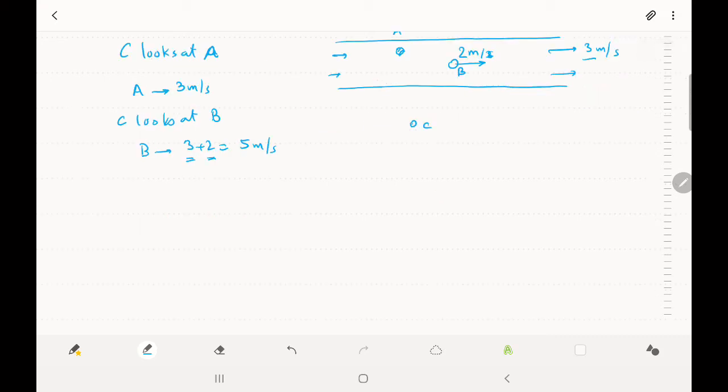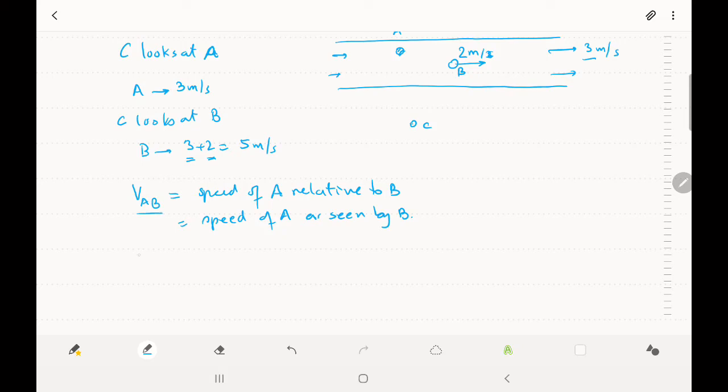Now we can use the notation that VAB will be the speed of A relative to B, or it's the speed of A as seen by B. So B will see the speed of A as VAB.